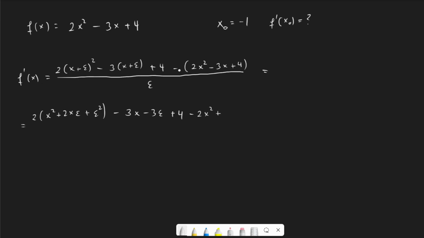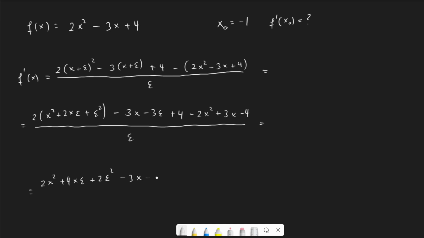Watch out that negative times negative is plus, so plus 3x and minus 4, and we divide by epsilon. Let's see, so here I will multiply by 2, so 2x squared plus 4x epsilon plus 2 epsilon squared, minus 3x minus 3 epsilon plus 4 minus 2x squared plus 3x minus 4, and this is divided by epsilon.